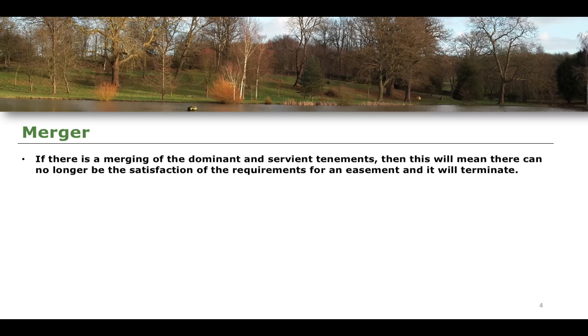They must be owned separately as well. As a result, if you do not have this separate ownership, then you cannot obviously have an easement. And so if they merge, if they become one property under the ownership of one owner, then this means that they will terminate the easement.